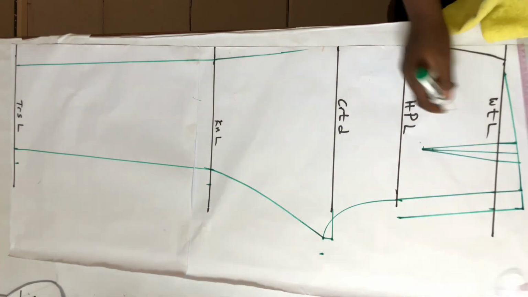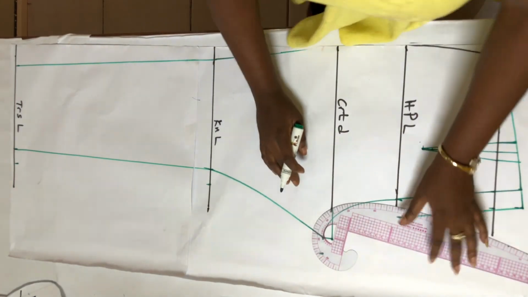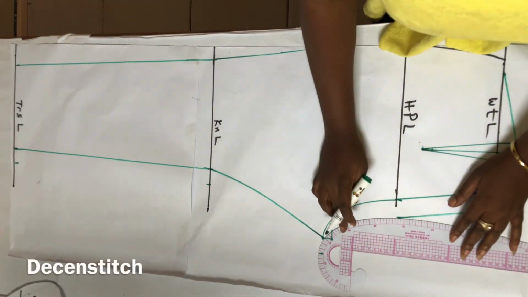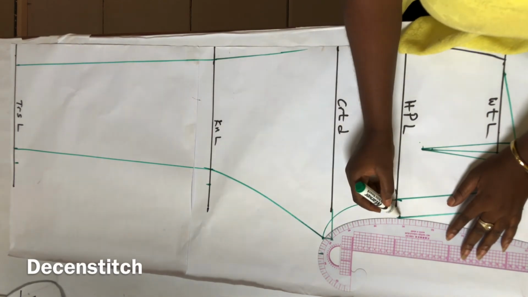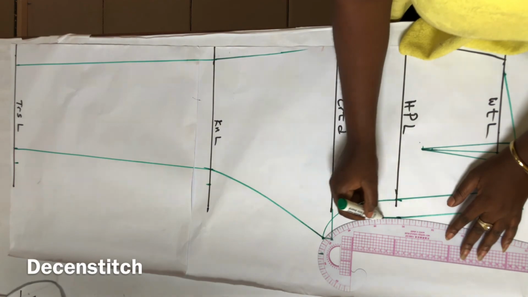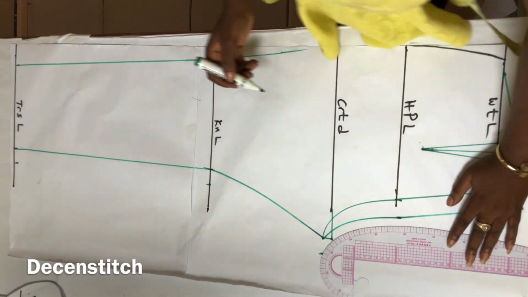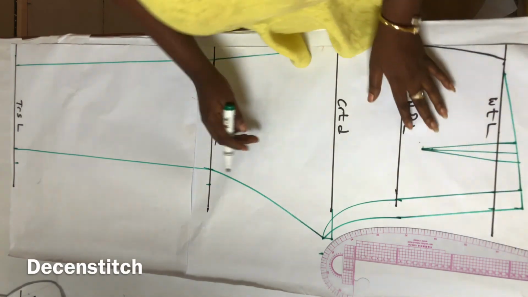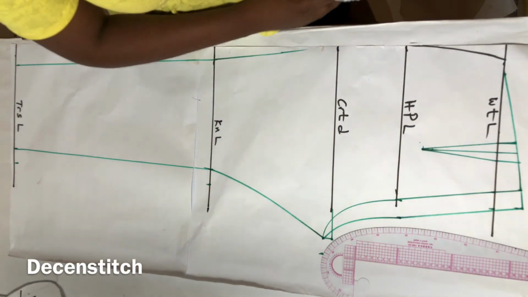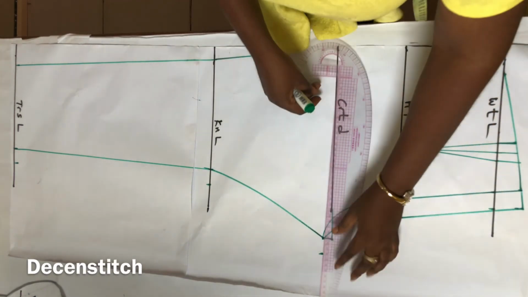Then I'll be using the French curve, the curved parts. I'm going to connect from here into here first. Then I'm going to use the ruler part to connect here.